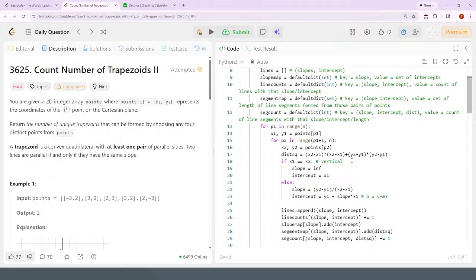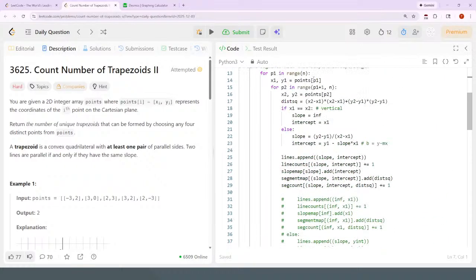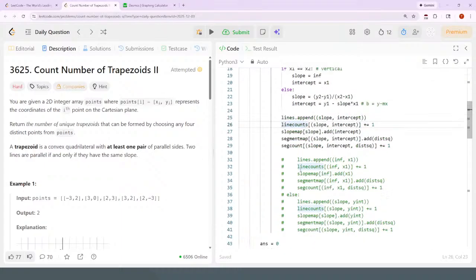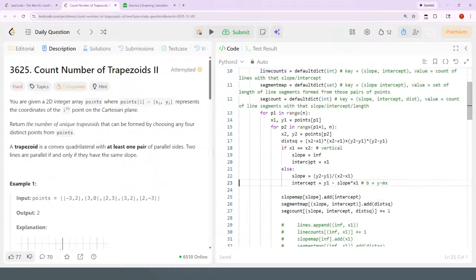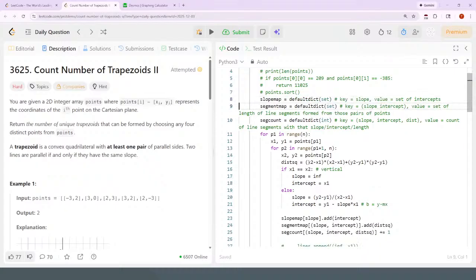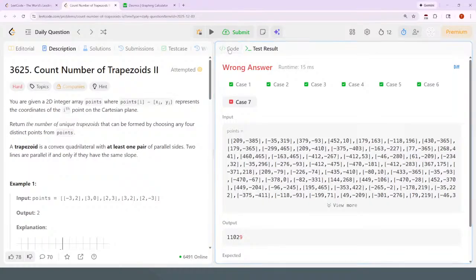And then form the line. I guess I don't actually use lines, right? Yeah, I can remove that. In addition to the line counts, I don't think I ever use that anymore. Checking to make sure that nothing horrible happened within that.